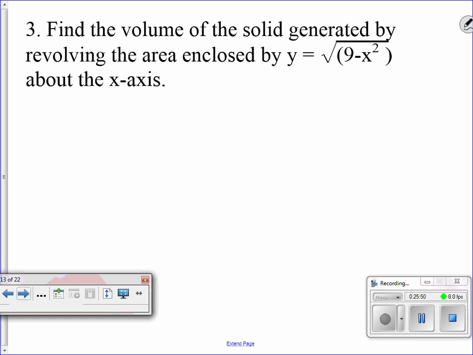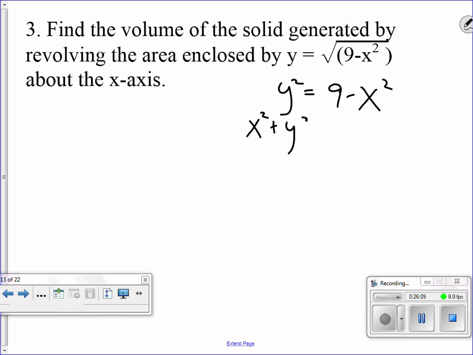What if you squared both sides? I think if you square both sides, it might help you to identify this graph. Say it again. It's a circle. See, if you move the x squared here, it'd be x squared plus y squared equals 9. And we don't have the whole circle because we have y equals the positive square root only.